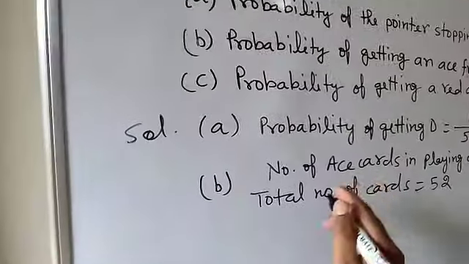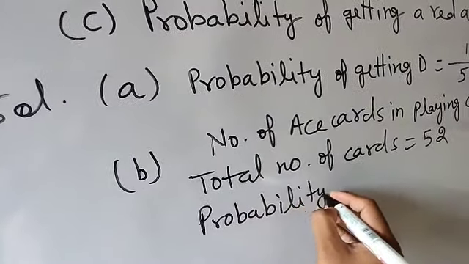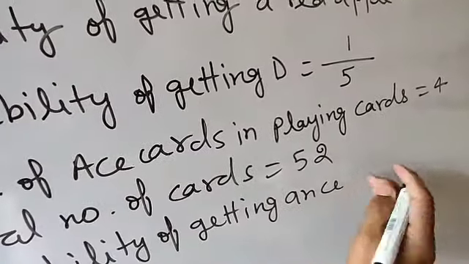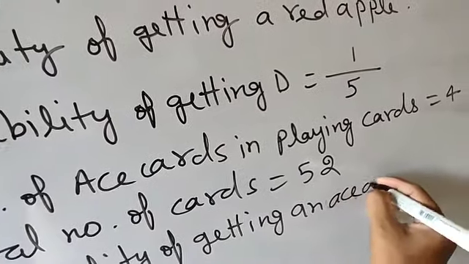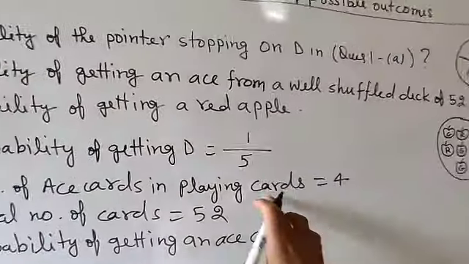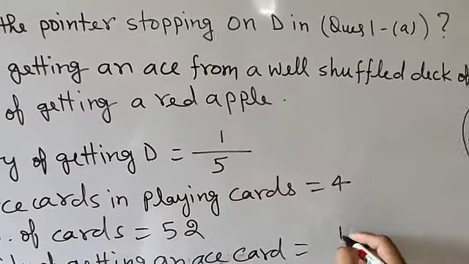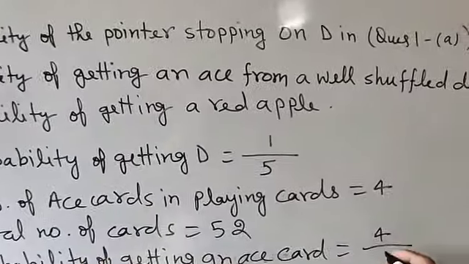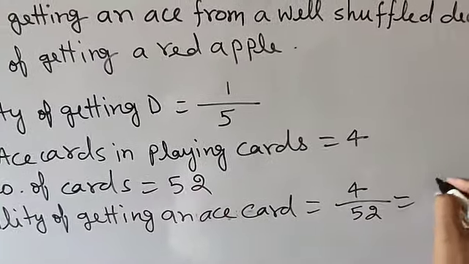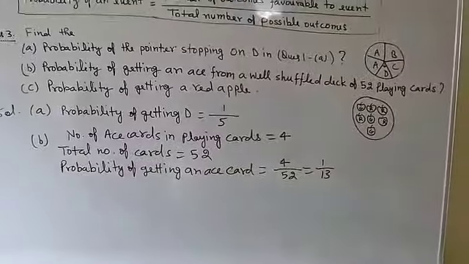Now you need to find the probability of getting an ace card. It is equal to favorable outcomes. It means you are going to pick the ace card. So how many ace cards are there? 4 upon total number of cards, 52. So it will be 1 upon 13. It will be cancelled by 13 times from 4 upon 52.